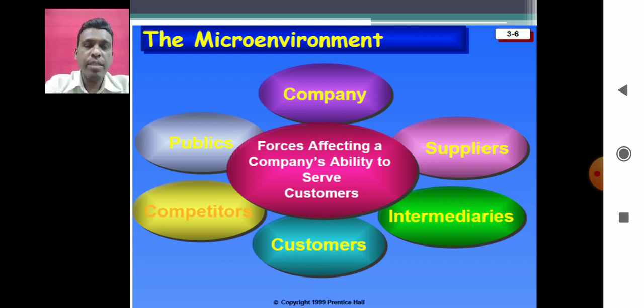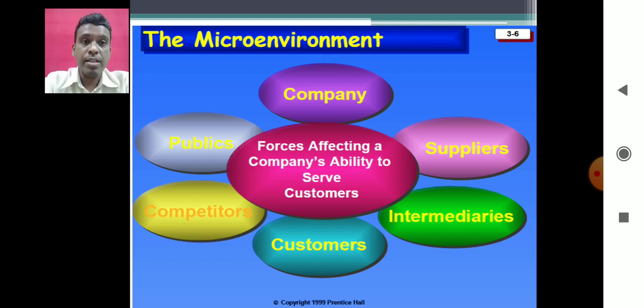Marketers recognize the importance of working with intermediaries as partners rather than simply as channels or employees. The company must partner effectively with marketing intermediaries to optimize the customer value and customer satisfaction that we are giving them.